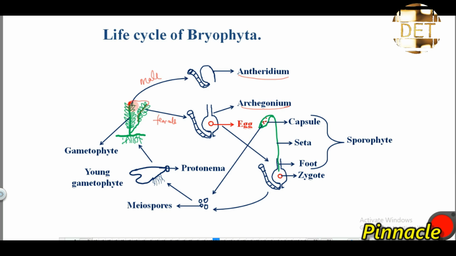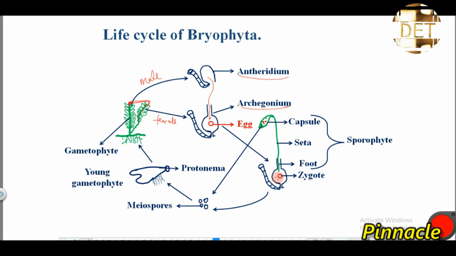So the sperm will swim through the thin film of water to the archegonium. When the sperm reaches the archegonium, it fertilizes the egg, and a zygote is formed. You can see the arrow pointing here. This is the zygote.